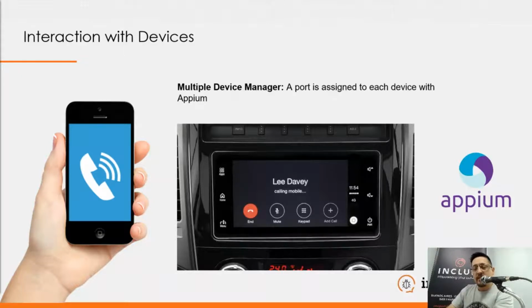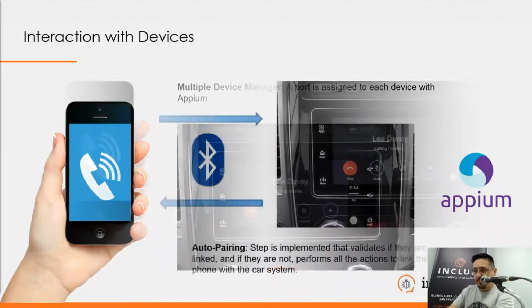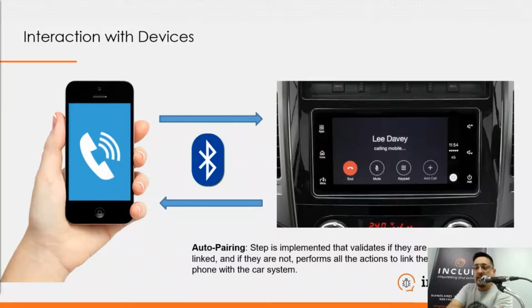And this was the second challenge we have. What we did was create the auto pairing step. This is a step that implements and validates if the cell phone was linked to the car, and if it is not, performs all the actions to link the phone with the car system.